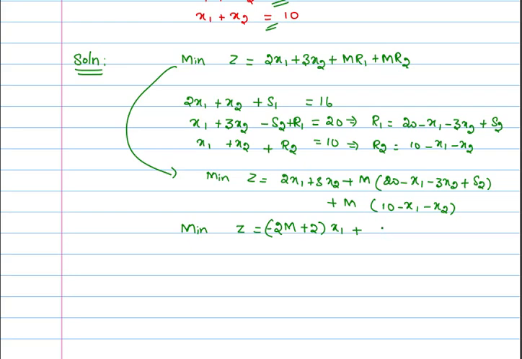The x2 coefficients are 3 minus 4M times x2. Then finally the s2 coefficient is plus M times s2, and the remaining terms are plus 30 times M. This is our equation.